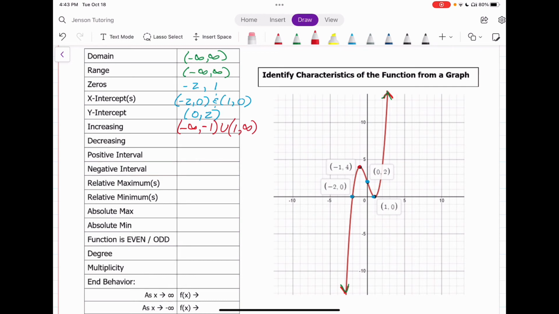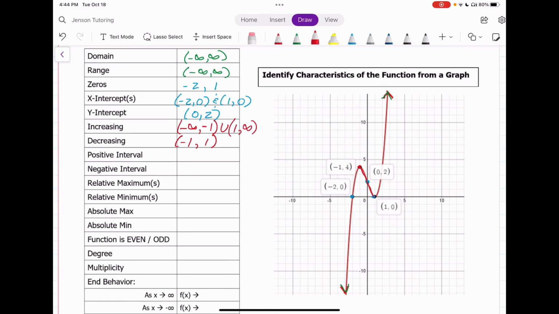And where is it decreasing? It's decreasing where x is negative 1 to positive 1. Just here, right here on this little slope there.